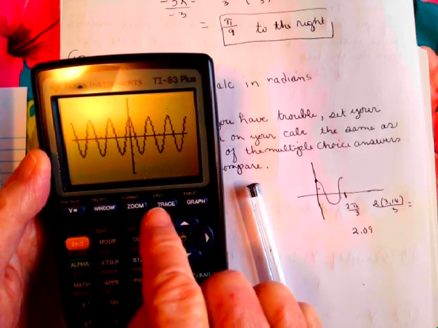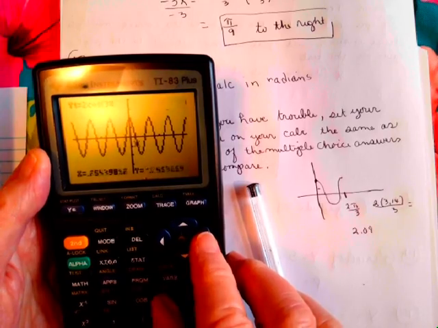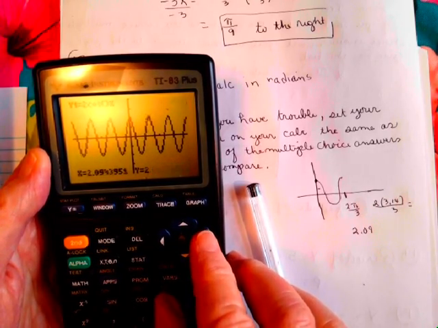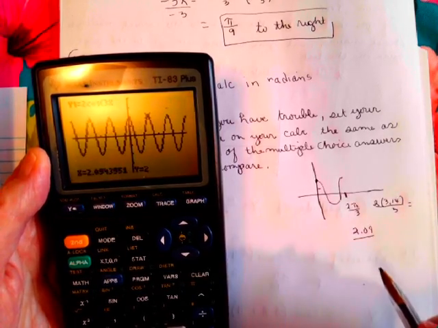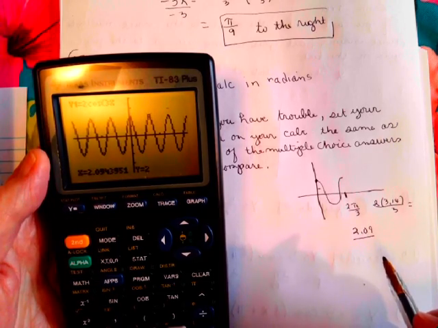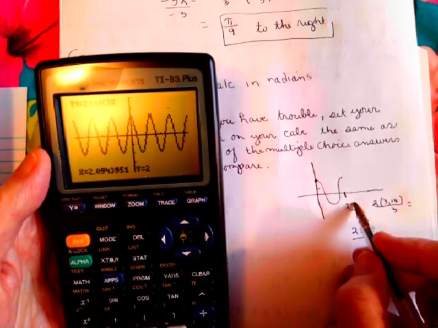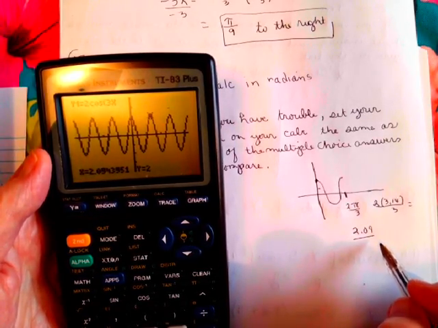You could do trace. That is 2.09. I'm going to look at my multiple choice answers and see if I see one of those graphs that looks like it has completed one period at 2.09.